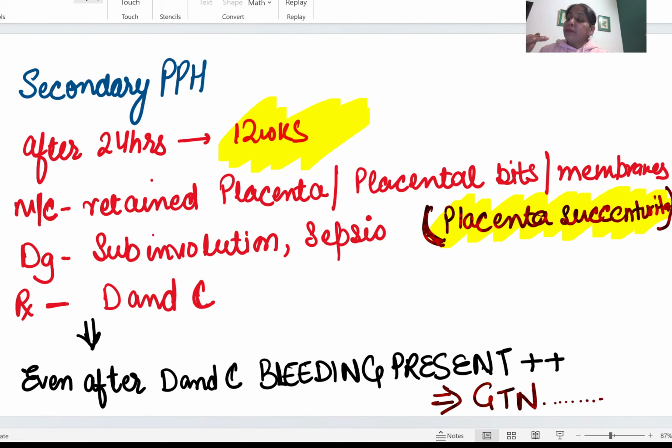The uterine fundal height decreases in size as the postpartum period progresses, but because the membrane or placenta has been left inside, there is subinvolution of the uterus.